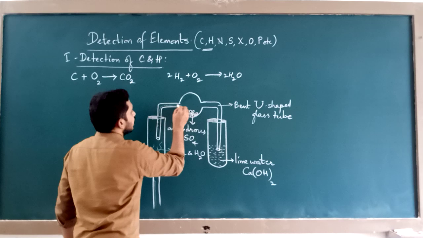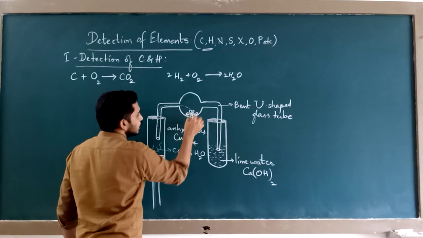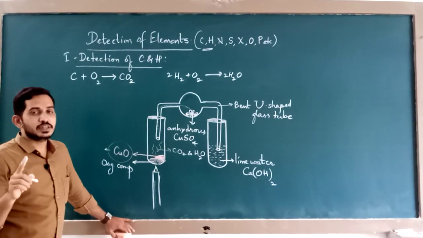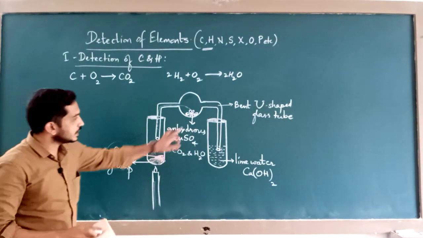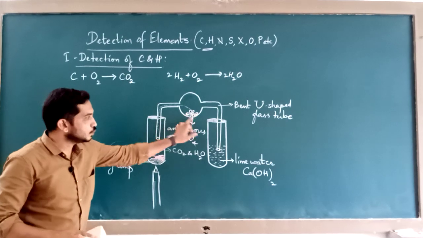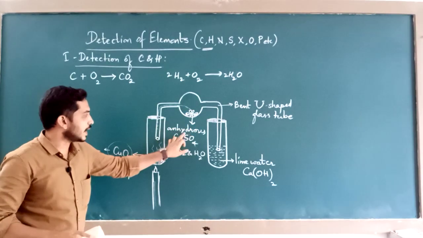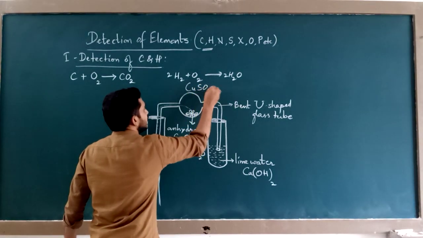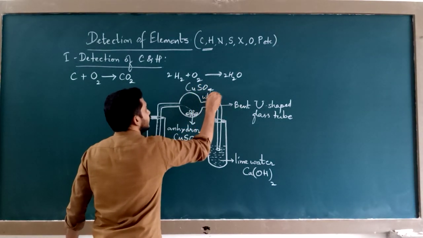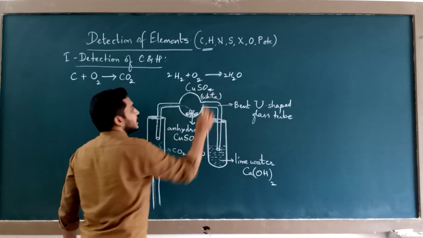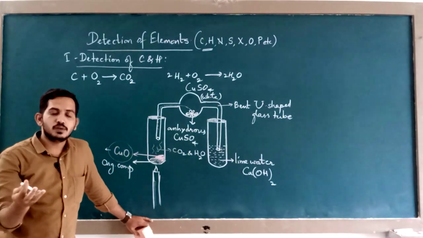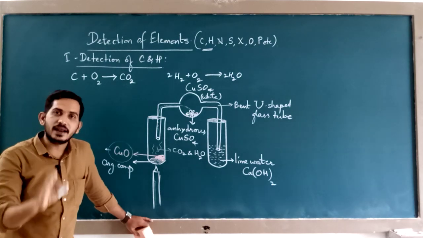So once water comes in contact with copper sulfate, what was there in the bent U-shaped glass tube? There was anhydrous copper sulfate. Anhydrous copper sulfate is white in color. In chemistry, white refers to colorless. Our regular salt that we use in our house, we call colorless only.